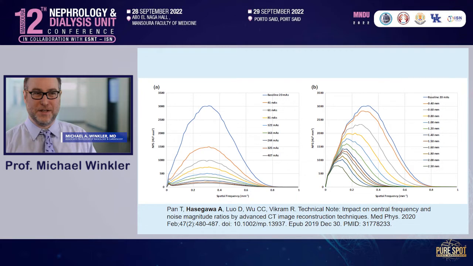The best algorithms for noise reduction decrease noise amplitude without changing its spectrum, mirroring the decrease in noise that is gained by increasing radiation dose, as demonstrated by the graph on the left.